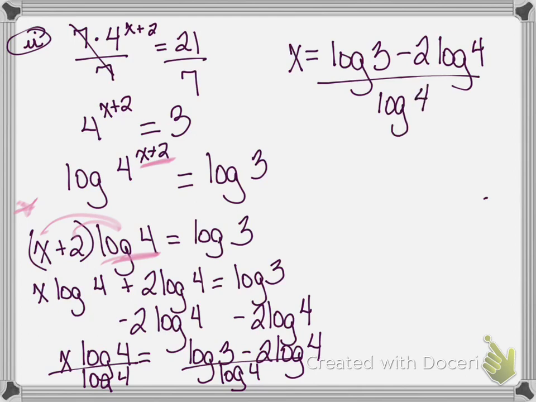Okay, so again, we've got to figure out those keystrokes. Make sure we do those keystrokes correctly. So I'm going to do my keystrokes in red. I've got to do my numerator first. So I have log. As soon as I hit log on my calculator, I'm going to get a parentheses. So my 3 is in my parentheses. Minus 2, you can put multiply if you want, log of 4.